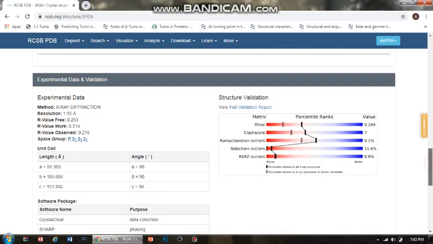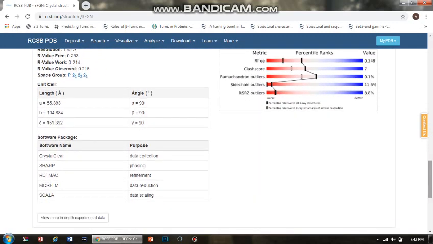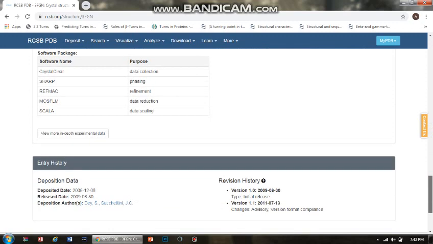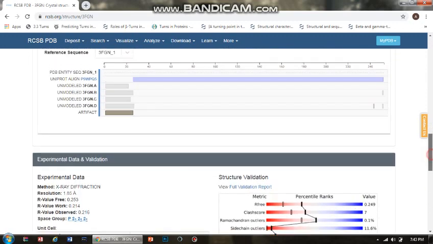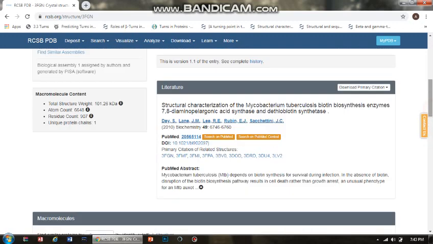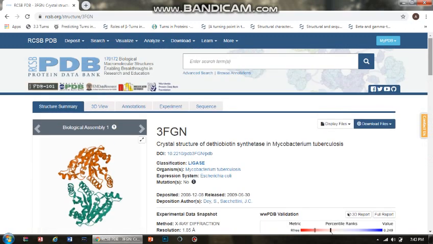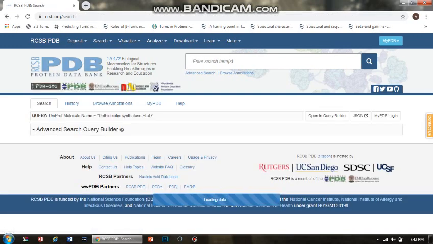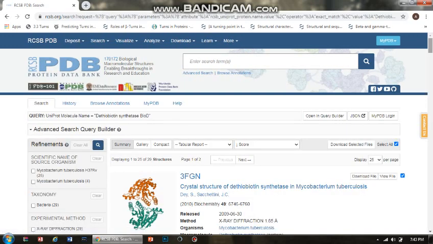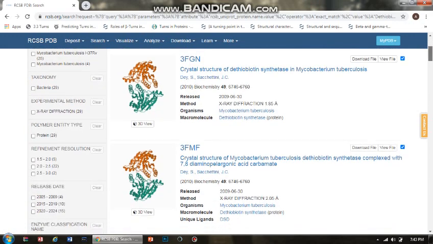This is the experimental data and validation, the same thing I discussed earlier. As in my previous video, I selected the entry with no bound ligand or compound. It shows no small molecules, right?